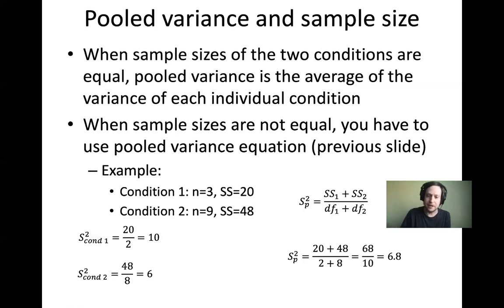If the sample sizes are equal, that average will equal exactly the pooled variance. But if the sample sizes are different, as they are here, the pooled variance is going to be closer in value to the condition that has a bigger sample size.